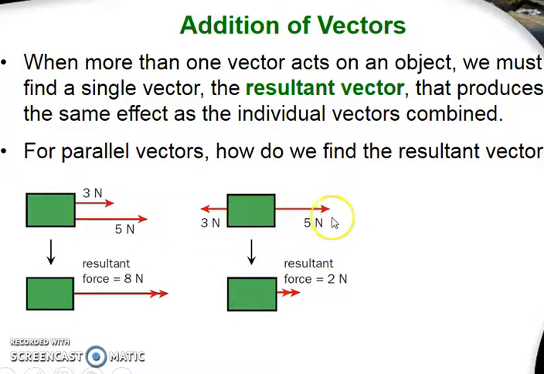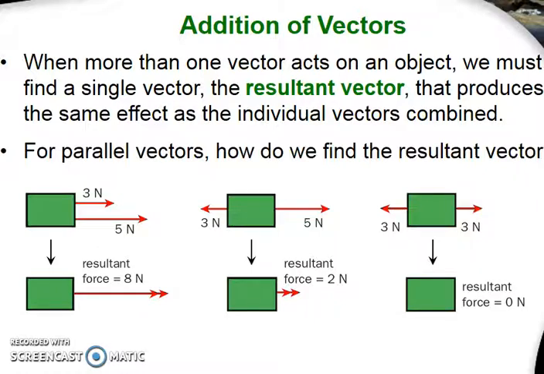Yes, if I'm pulling to the left and pulling to the right, like a tug of war, the final effect is that it will go toward the side that has a slightly higher force. A final scenario: what if I have two 3 Newton forces in opposite directions? What do you think will happen here? The resultant force will be, that's right, 0 newtons, because both of them cancel out since they're in exactly opposite directions.